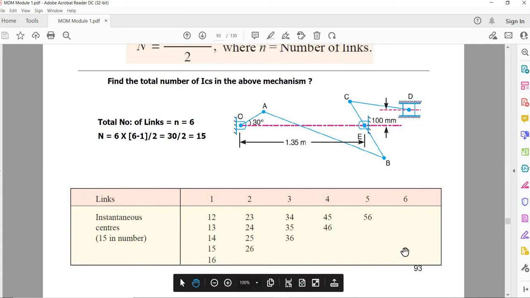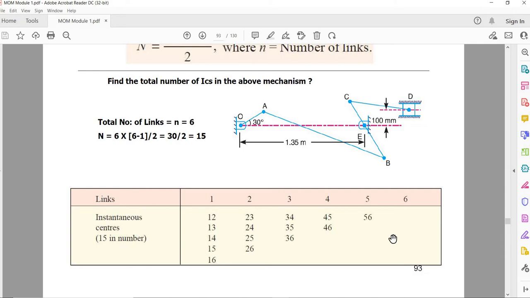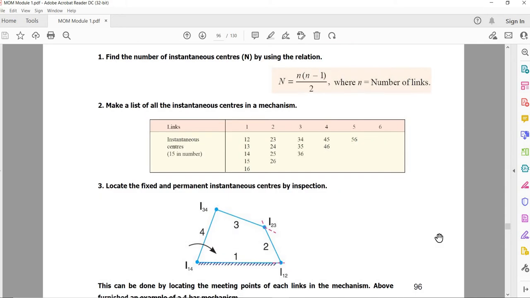For any problem we have to find out the total number of instant centers. Then we want to name all the instant centers, for which we have to draw a table diagram. Then we have to locate all the fixed and permanent instant centers just by analyzing the configuration of the mechanism.